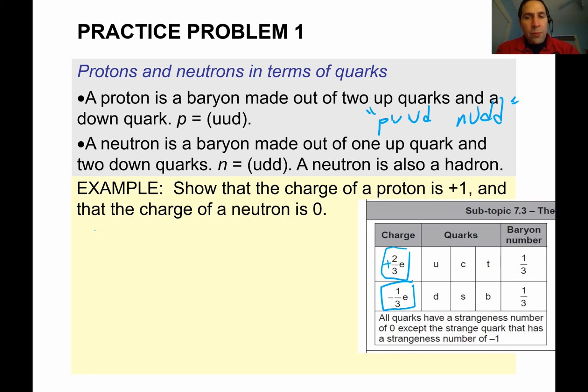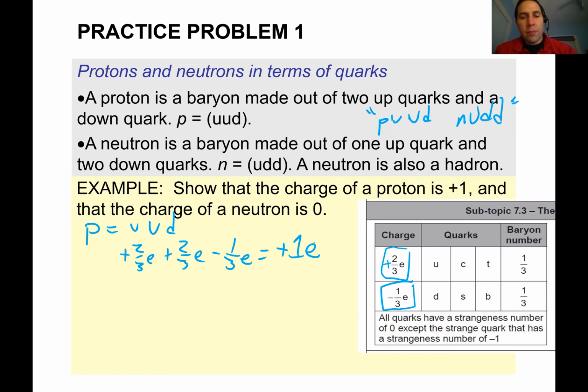If we're going to show that the charge of a proton is 1, a proton is equal to up, up, down. 1 up is positive 2/3 e. We add that to the positive 2/3 e of the other up, and then take away the 1/3 e from the down. So 2/3 and 2/3 is 4/3. Take away 1/3, and what do we get? We get +1 e. So that's the charge of a proton.